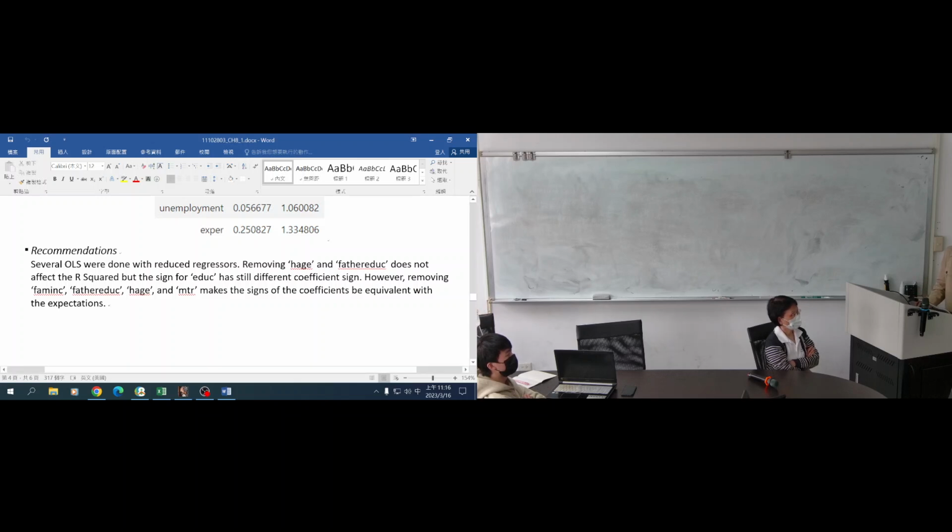So all of them would reduce the R squared and adjusted R squared. However, the goal I'm looking at is to keep the education. Even though if I drop family income and leave the others, we will have higher R squared and adjusted R squared, the education sign would still be negative, different from our assumption. So my goal is to make the education the same sign as the assumption.